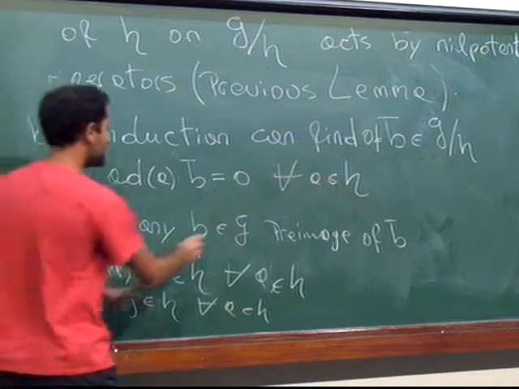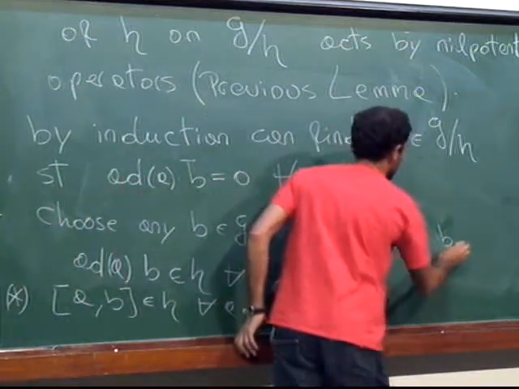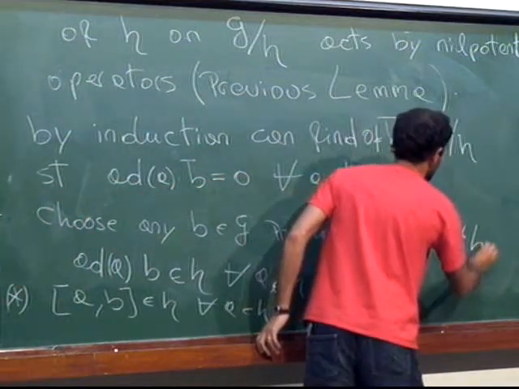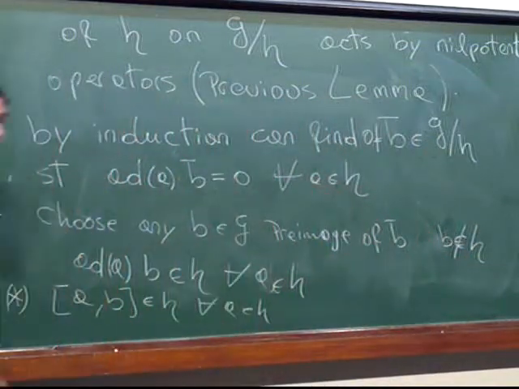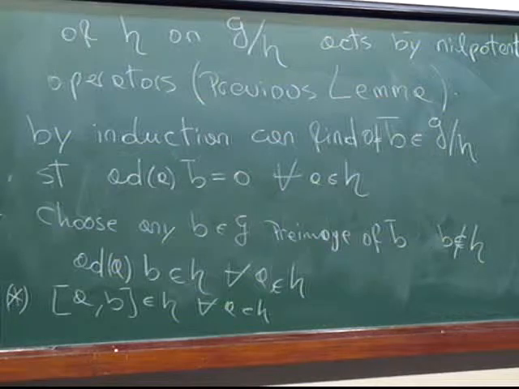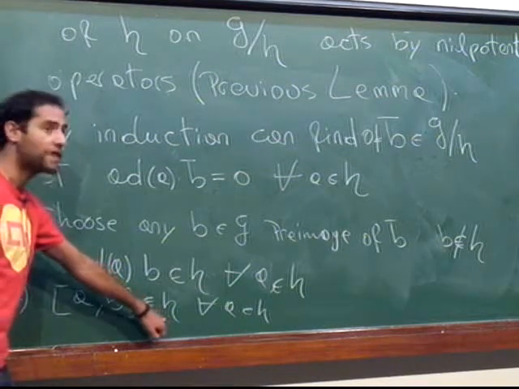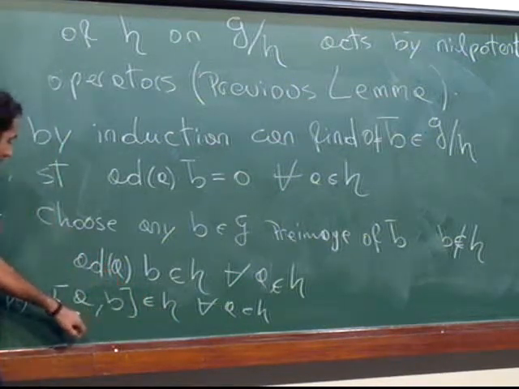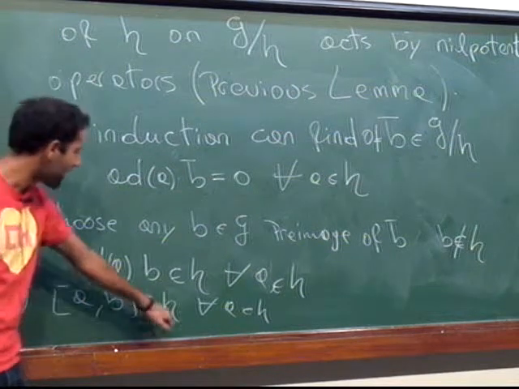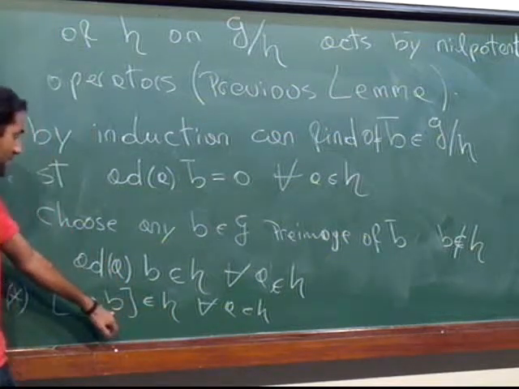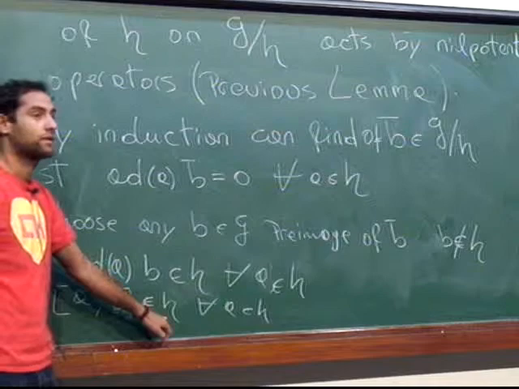So the point here is that B is not in H. Otherwise, B bar would be 0 in the quotient. And we found, therefore, an element outside of the algebra such that, if you take the bracket of A or anything in H with this guy outside, it lands again in H.